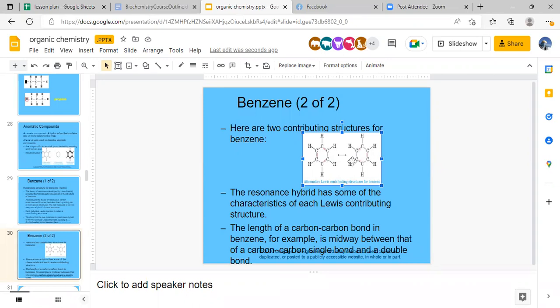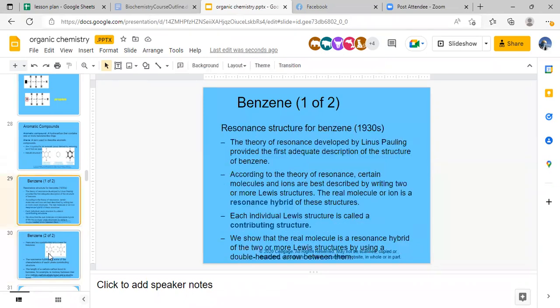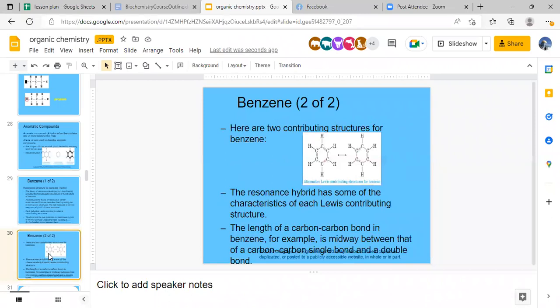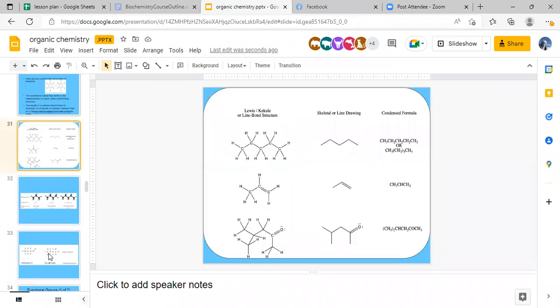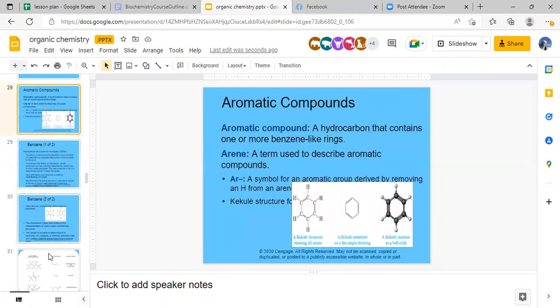So paikot-ikot lang yung benzene. So it's simplified in such a way na pabilog na lang. So instead of the usual double bonded, na-represent niya yung benzene as a circular thing.